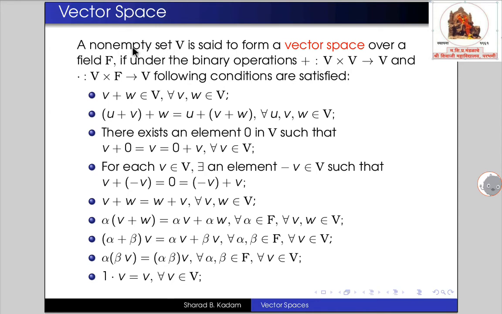So this set V is said to form a vector space over the field F if these 9 conditions are satisfied.